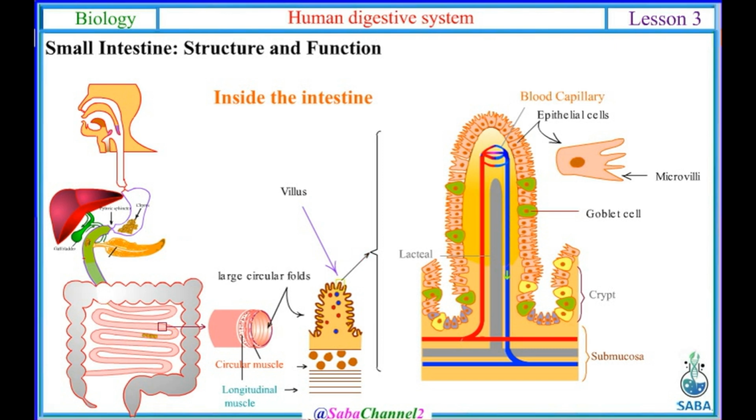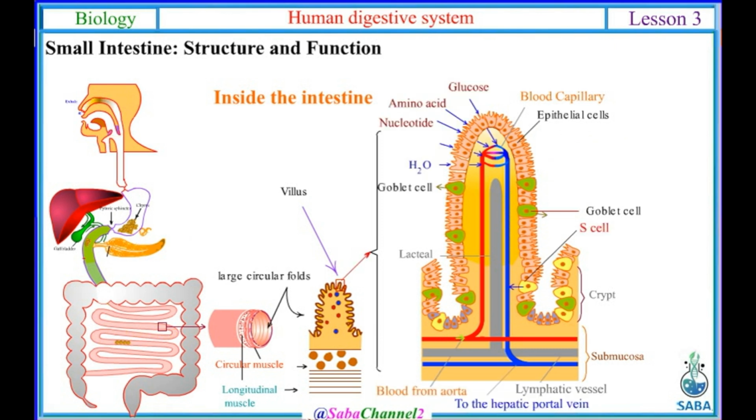The main function of the small intestine is to digest and absorb nutrients. In the duodenum, digestive enzymes and bile break down food. The jejunum and ileum primarily absorb nutrients like amino acids, sugars, and fatty acids into the bloodstream. The small intestine also absorbs water and electrolytes, preparing waste for the large intestine.